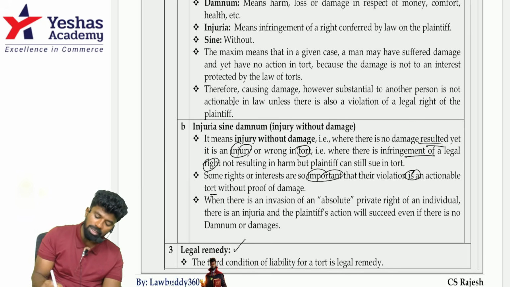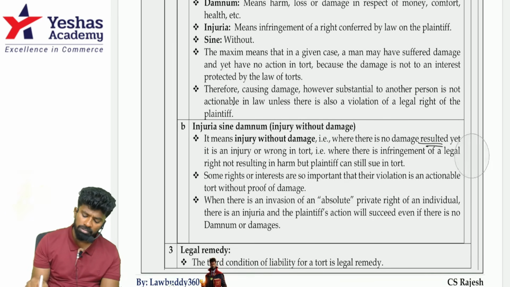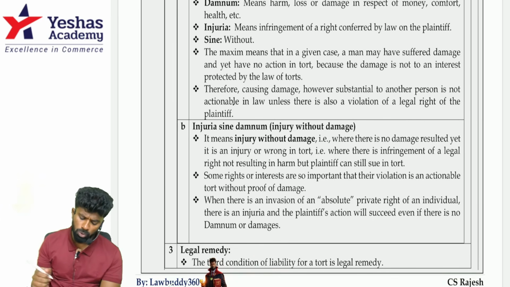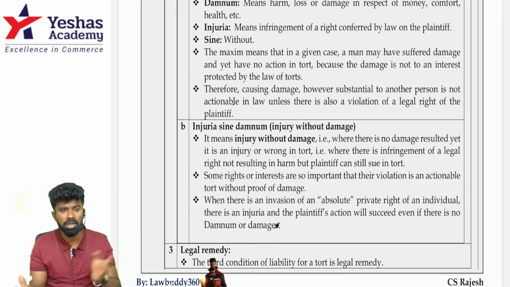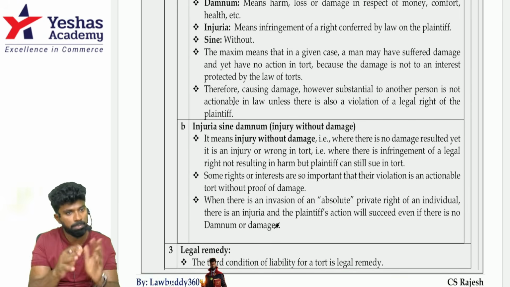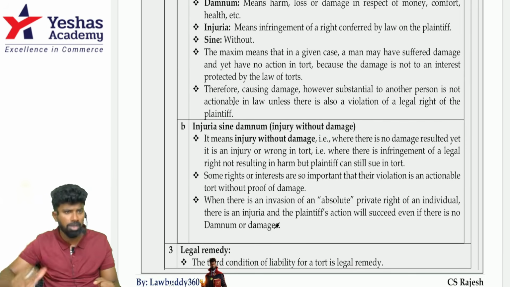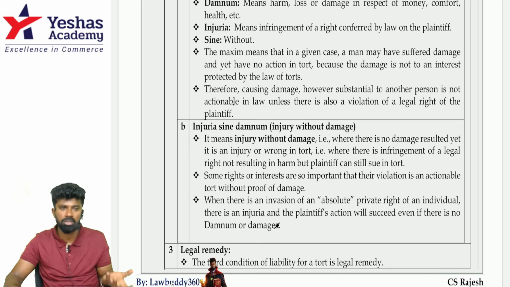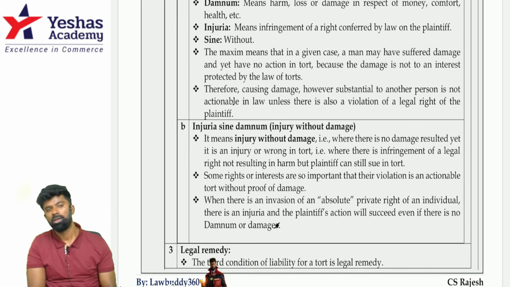Third one, when there is an invasion of an absolute private right, there is an injuria and the plaintiff's action will succeed even if there is no damnum or damages. Damnum or what? Instead of that, it should be used what? Damage. See, they distinguish between damage and damages for the purpose of compensation. But if you go with the normal dictionary definition, they use both interchangeably, right? Yes or no? Clear with this?